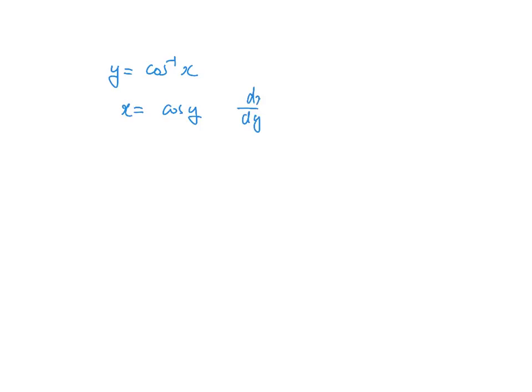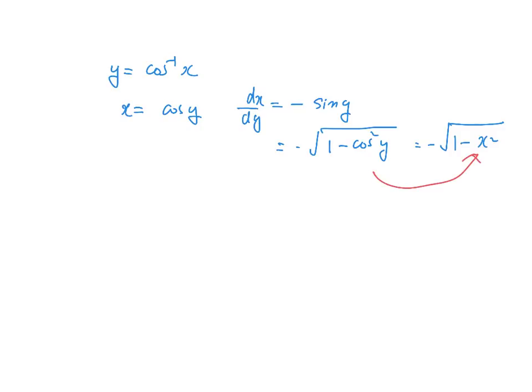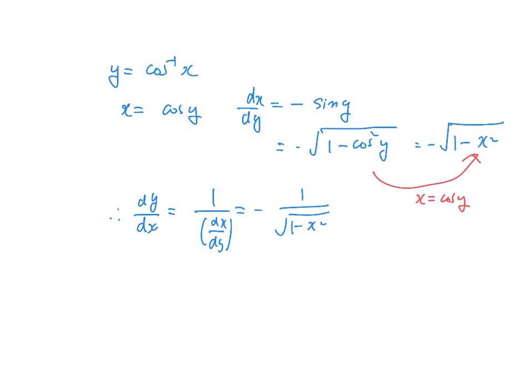So dx/dy is minus sine y, which is minus square root of 1 minus cosine square y, which is minus square root of 1 minus x squared. So dy/dx is minus 1 over square root of 1 minus x squared. So this is probably the easiest form of differential equation.